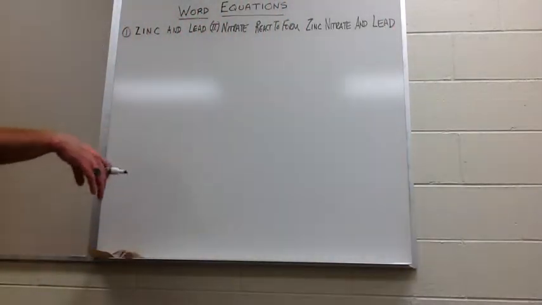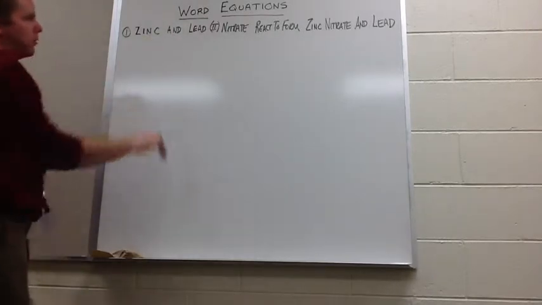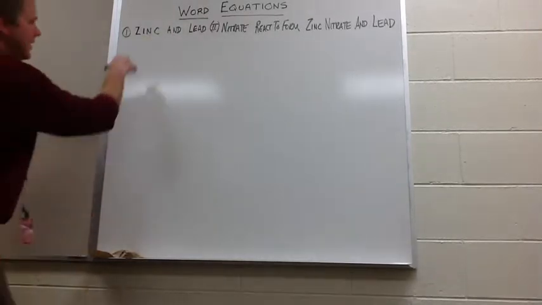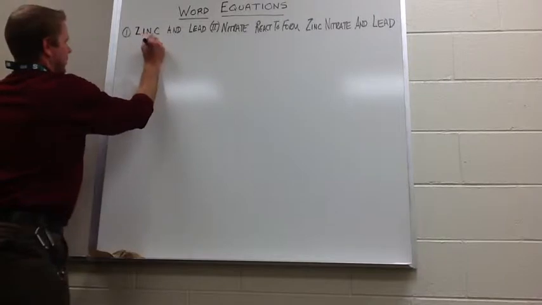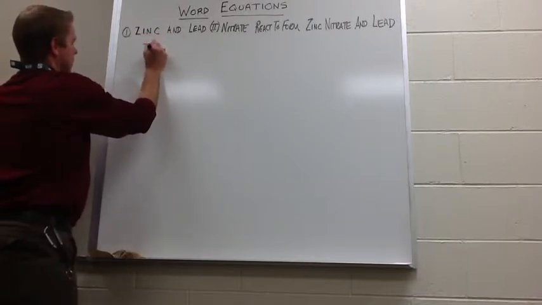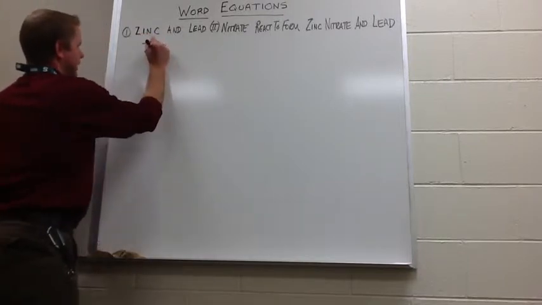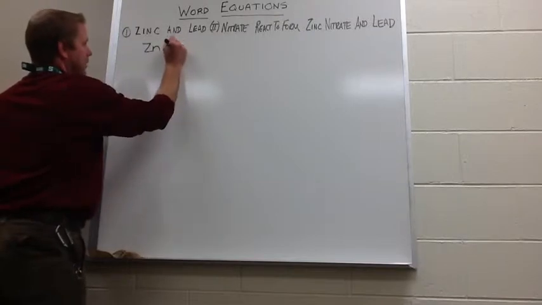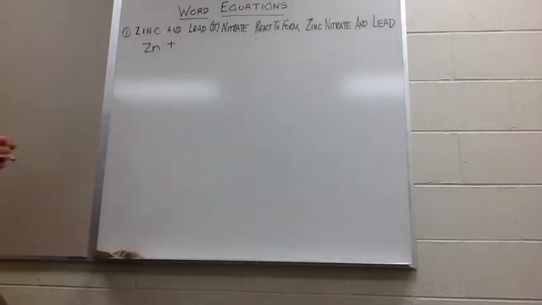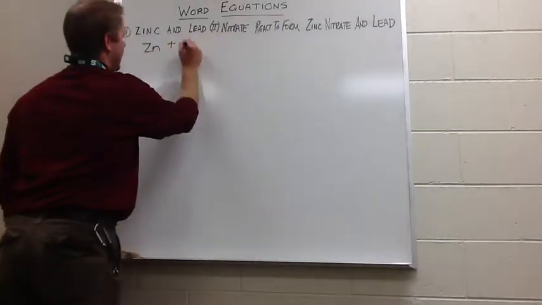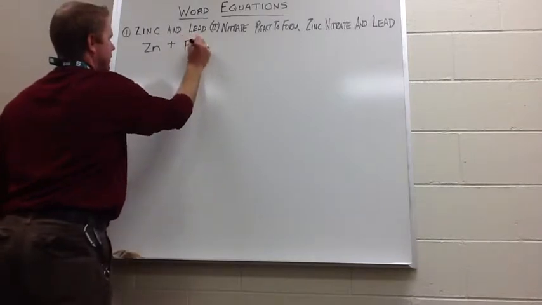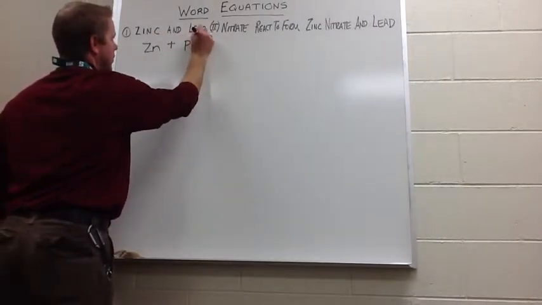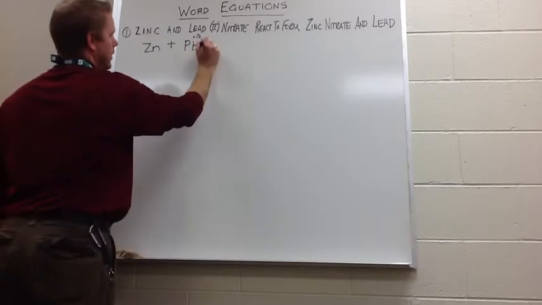And now you need to write the chemical formula that those words stand for. So here we go. Zinc, it's just Zn. You've memorized that as an element. The word "and" means a plus sign. Lead 2 nitrate. Well, lead is Pb, with a +2 charge for lead 2.